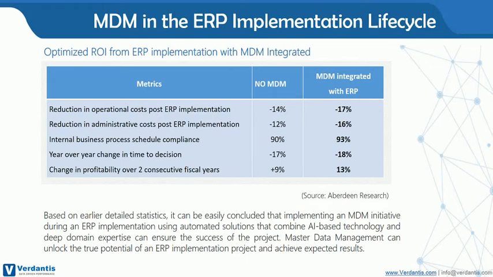If we look at the ROI associated with having the ERP implemented in conjunction with a master data management program, we're seeing a 3% gain in the reduction of operational costs post ERP go live. That's in that first 12 to 18 months. I think with the Aberdeen study it was the first 12 months.